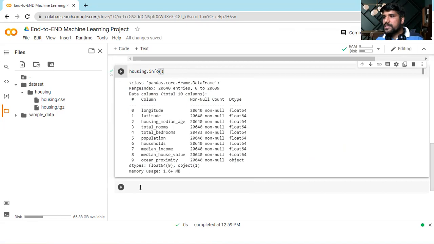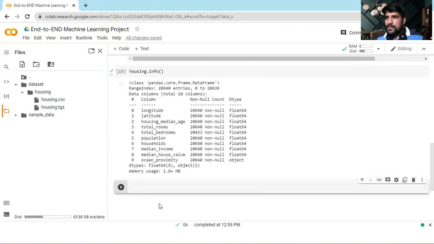Let me write it down here as well: 207 missing values in the total bedrooms feature, out of 20,640 districts.